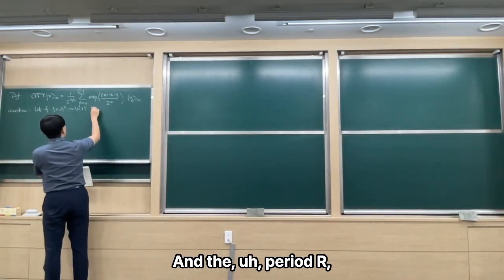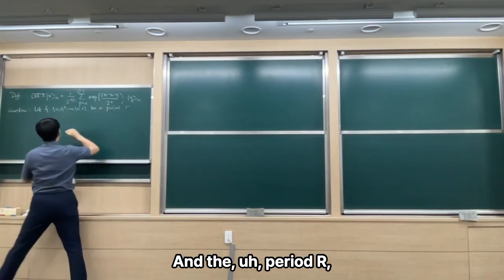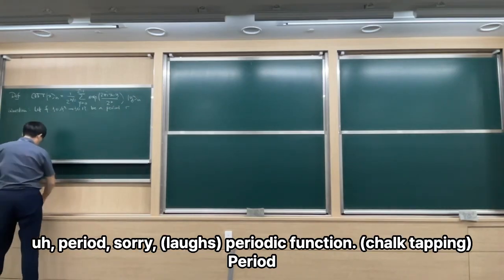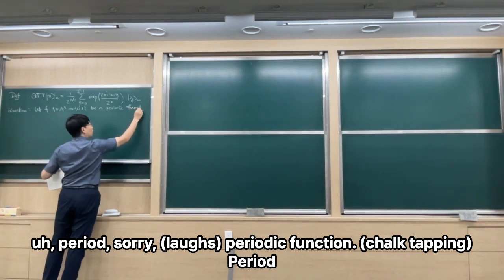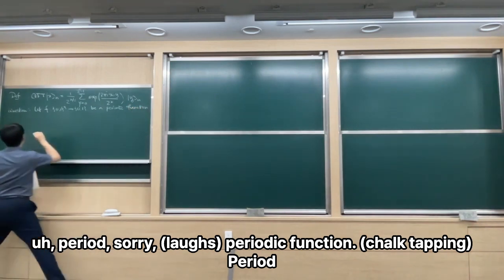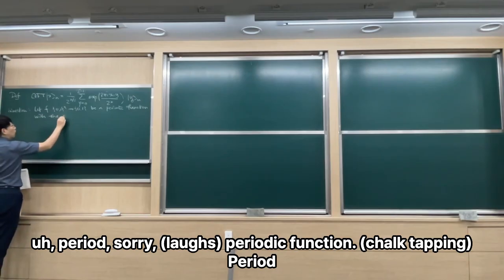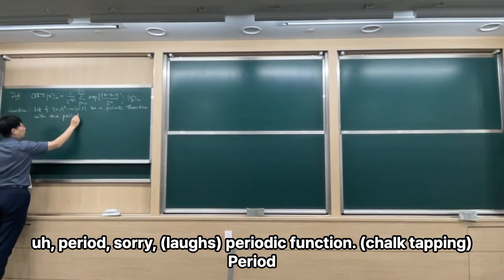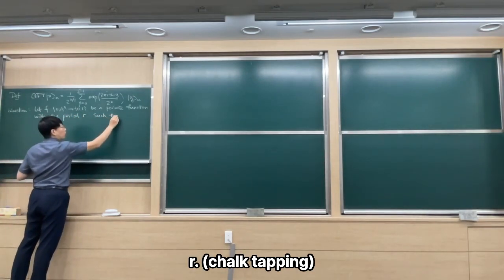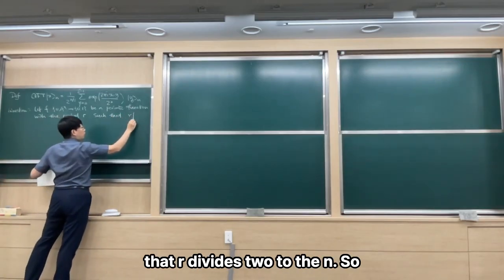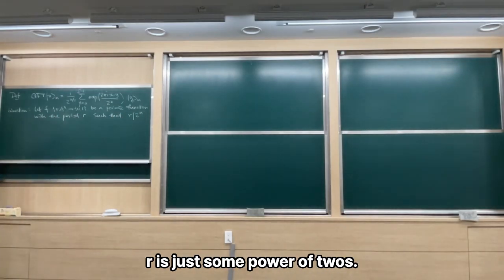Let f be a periodic function with period R, such that R divides 2 to the n. So R is just some power of 2.